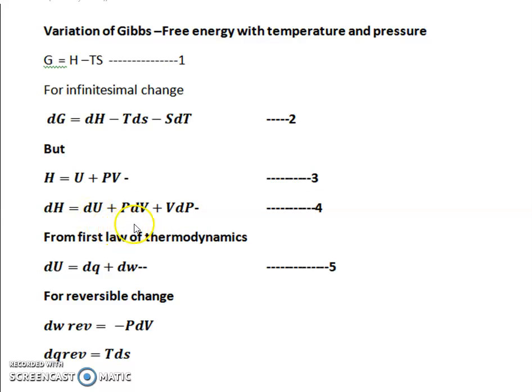From the first law of thermodynamics, we know that dU is equal to dq plus dw. For a reversible process, dw reverse is equal to minus PdV and dq reverse is equal to TdS.